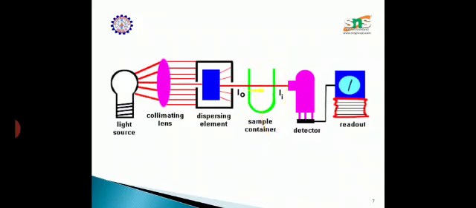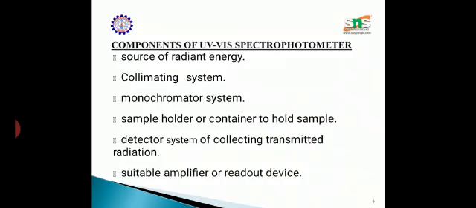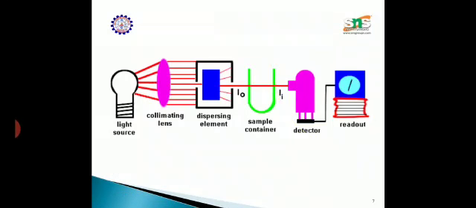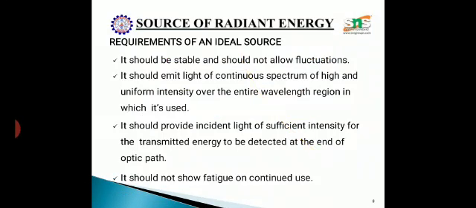The sample will absorb certain things and give out some amount. So I naught is the intensity of the light which is getting inside, and I is the intensity after emission, which is recorded.